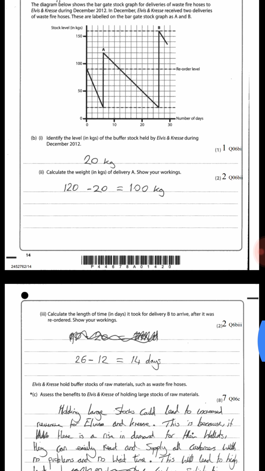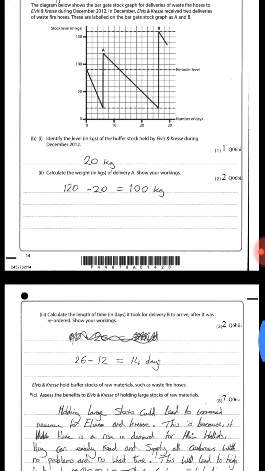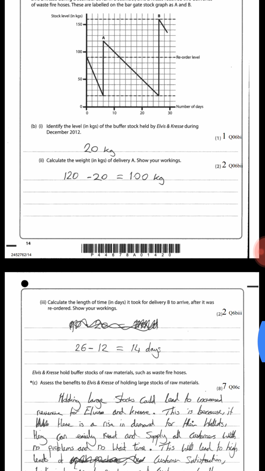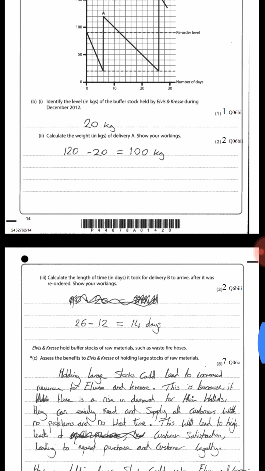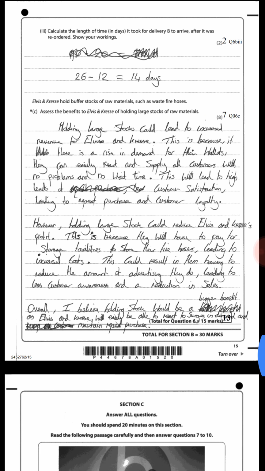So we look at the reorder level, and we can see it's where the reorder level line crosses with that diagonal line going down, and that was on day 12. Yes. So on day 12, more stock was ordered, and it didn't come in until day 26, so that gives 14 days for delivery.